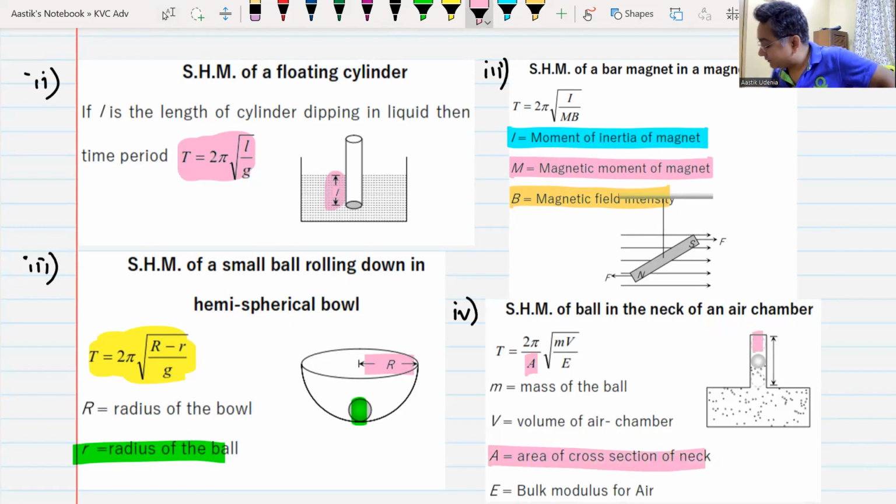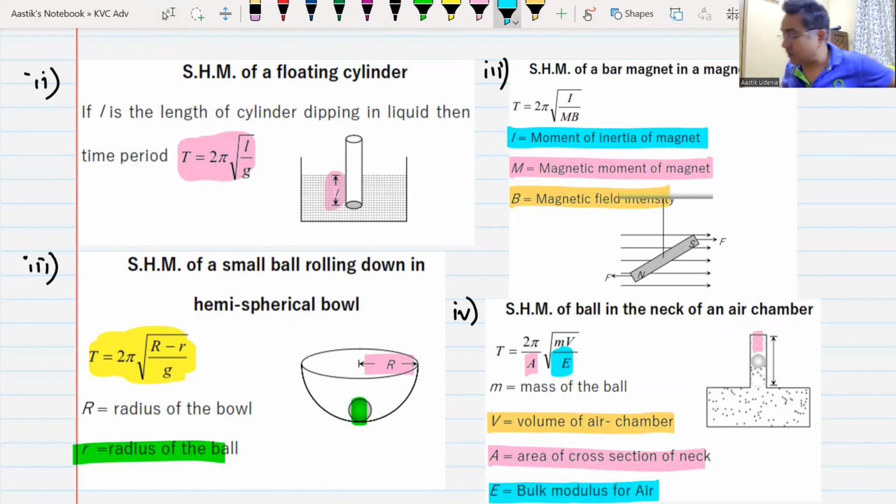This is the neck. M is the mass of the ball. V is the volume of the air chamber, the total volume. The only thing that is new is E, known as the bulk modulus of air. Now I'll give you 5 minutes. Please note them down. Let me know once you are done.